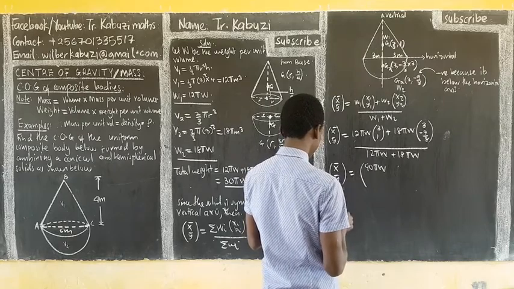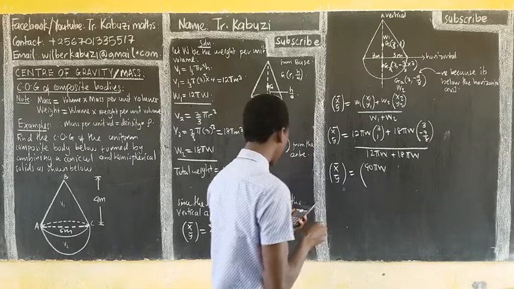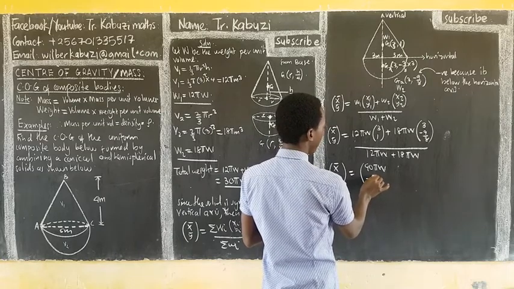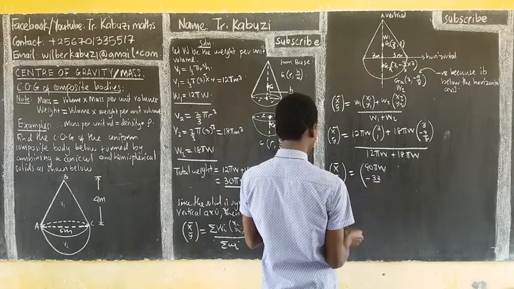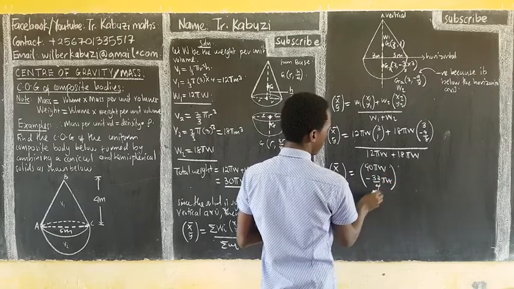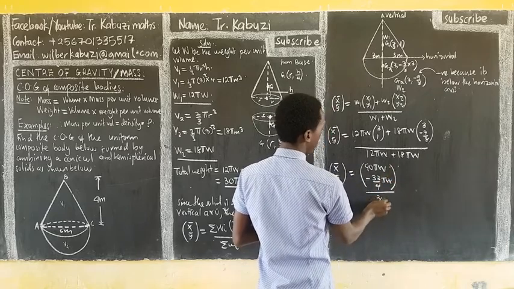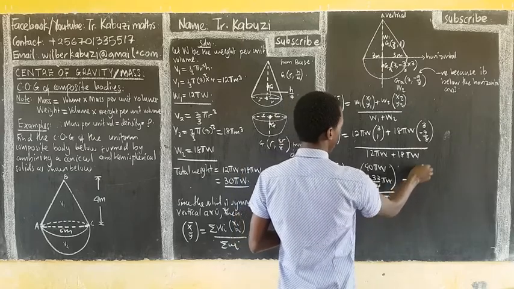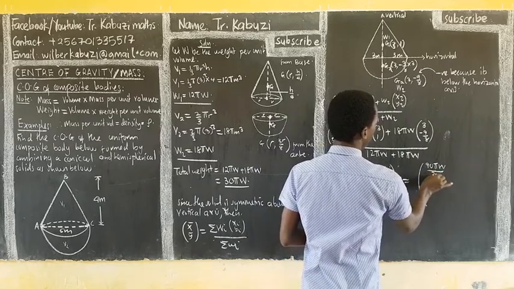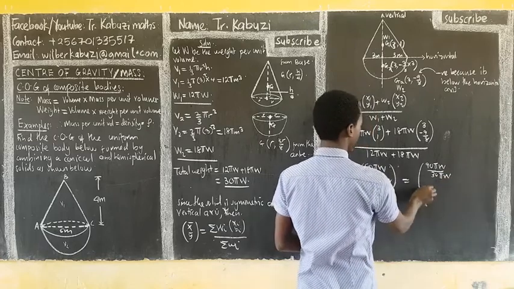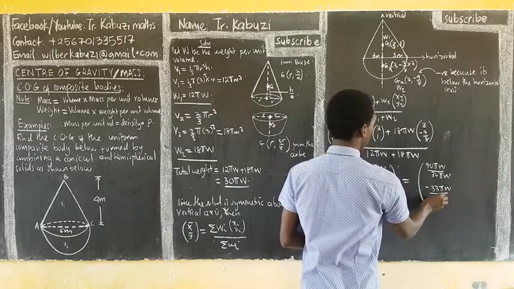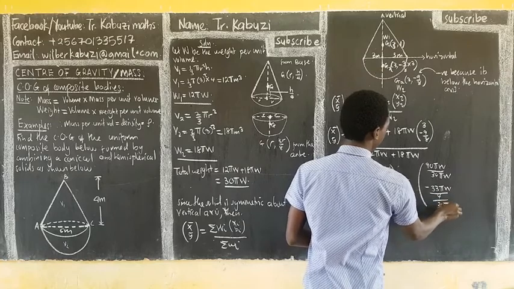And so here I'm getting 33, negative 33, the whole over 4 by W. Remember, we are dividing by the total weight, 30 by W. This will give us 90 W over 30 pi W, then we also get negative 33 pi W over 4 divided by 30 pi W.